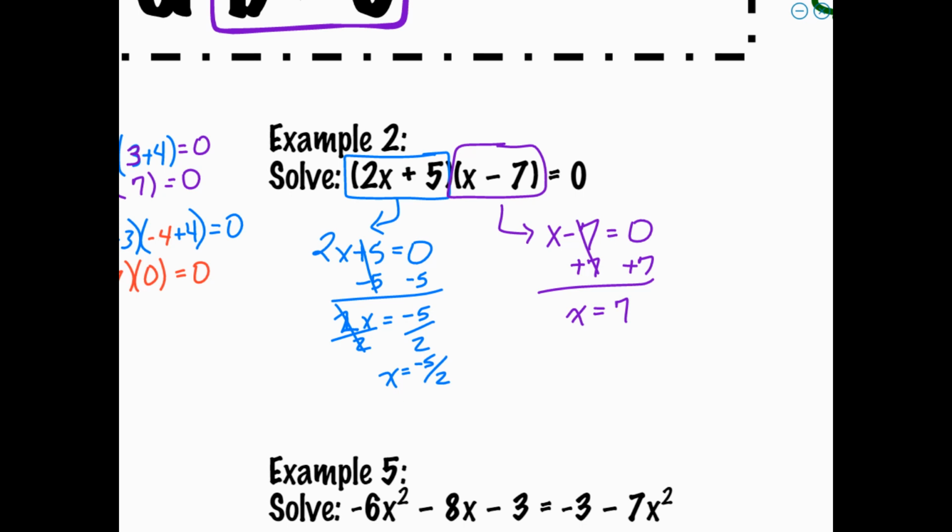So when I worked them out, I got x equals negative 5 over 2. Leave it as a fraction. Or x equals 7.